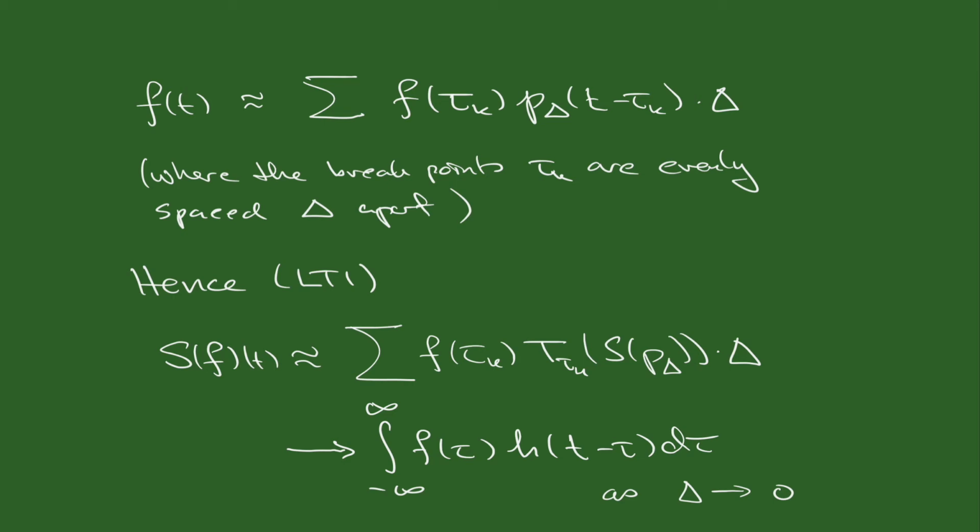I'm not going to tell you exactly what the conditions are, but for systems that show up in practice, all of these will be satisfied. So in fact, the output signal corresponding to the input signal f can be computed from f and the impulse response h by this kind of integral.